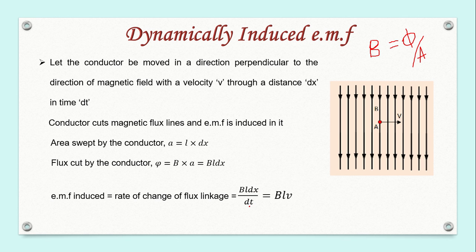Displacement divided by time gives the velocity. So EMF induced will be equal to B into L into v: flux density into length of the conductor into velocity with which the conductor is moved. Okay. This is the value of EMF induced in this conductor while it is moving in a direction perpendicular to the direction of magnetic field.